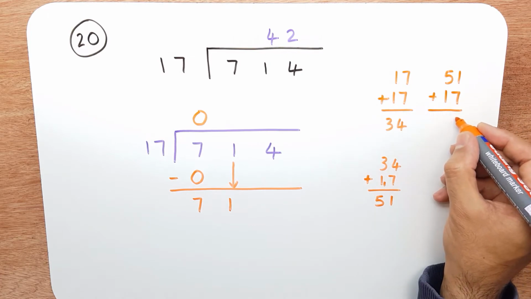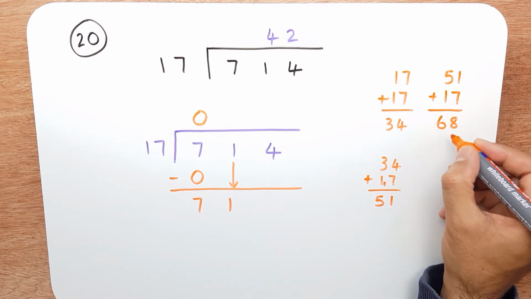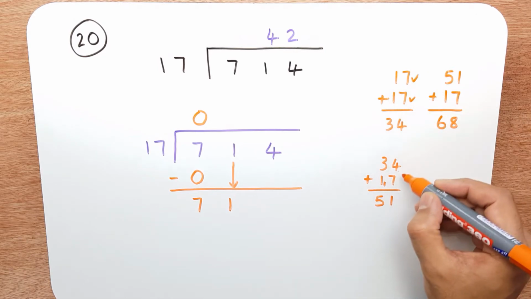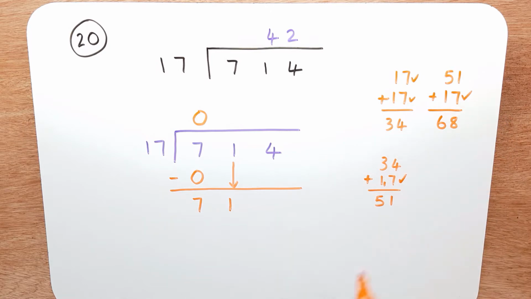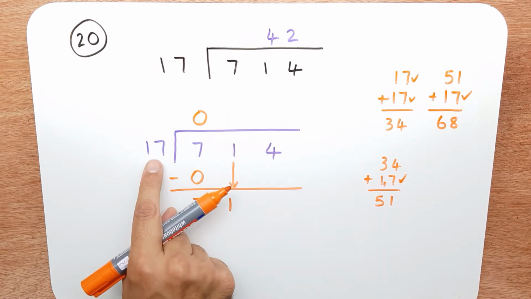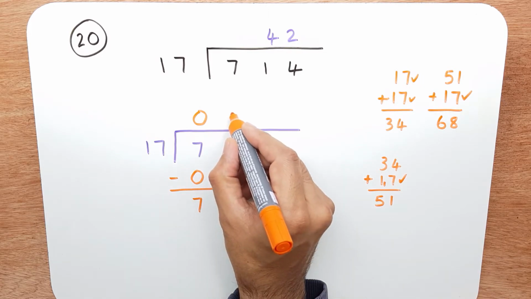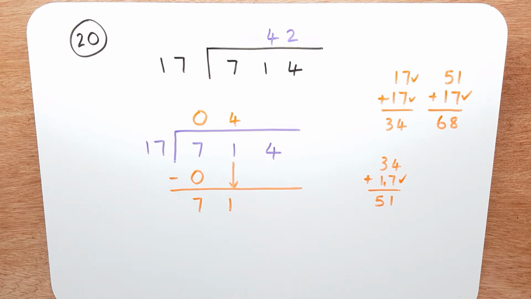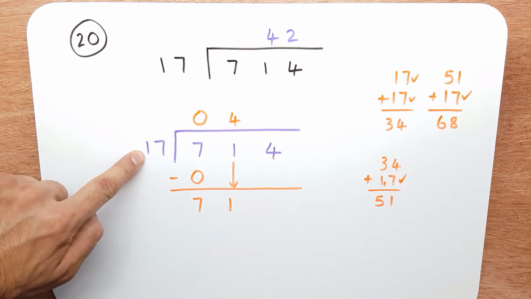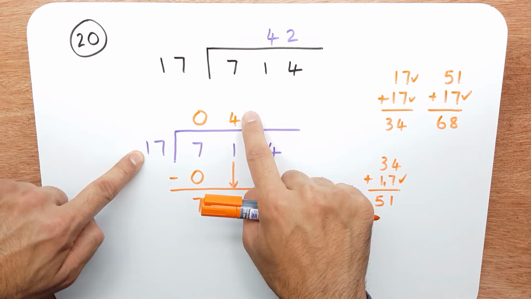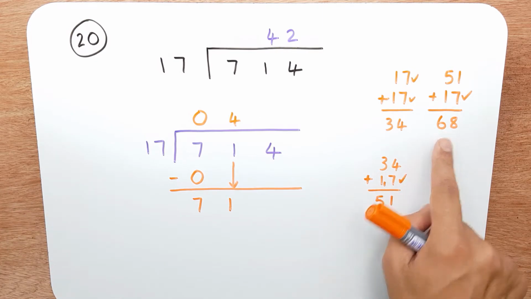And we ended up with 68. So that was 1, 2, 3, 4. So how many 17s are there in 71? 4. Now you have to be careful with this. 17 times 4 is 68. We can see that from here.